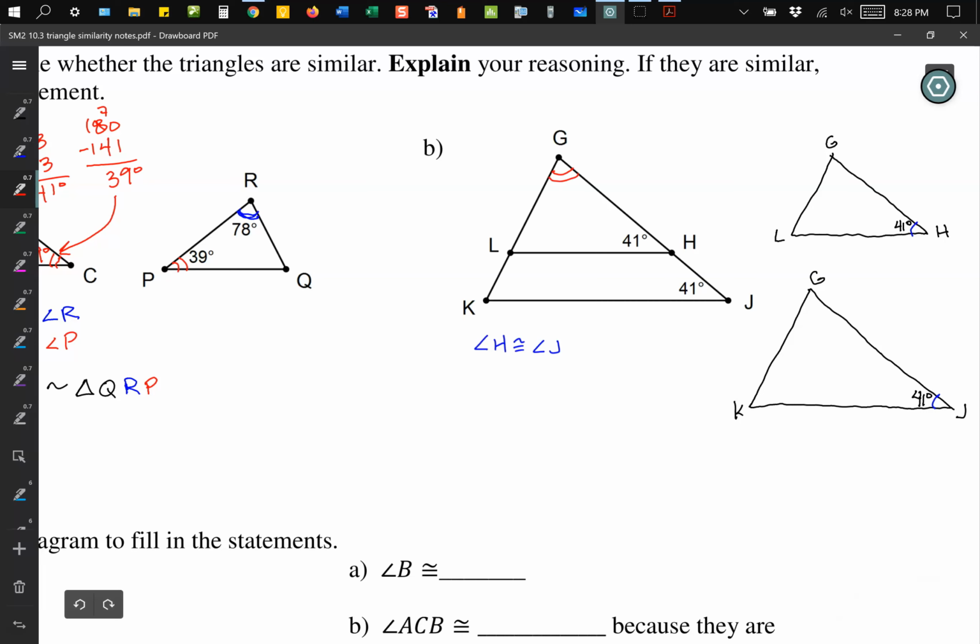This angle right here is exactly the same angle in both triangles. So angle G is congruent to angle G. So this one was given to me. And this one is literally the same angle.